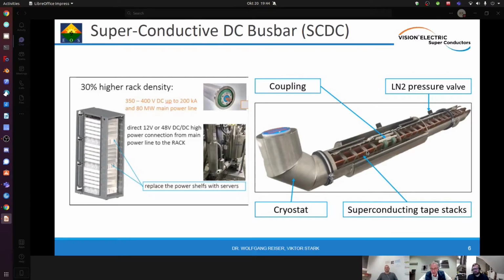For example, if it's only a few days a year too hot in the data center, then only for these 2 or 3 days per year you could use additional liquid nitrogen vaporization just to bring down the temperature of the servers.